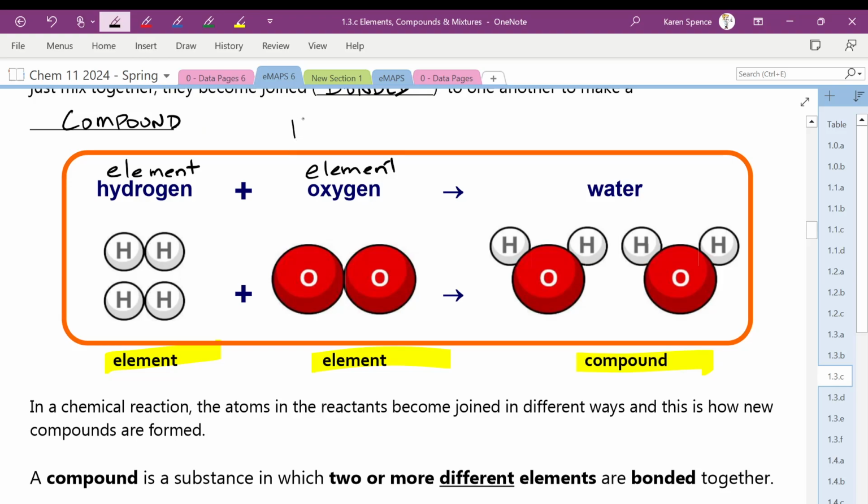Well, we would have hydrogen, H2, plus O2, reacts to give, remember we use an arrow, not an equal sign in chemistry, okay? H2O.